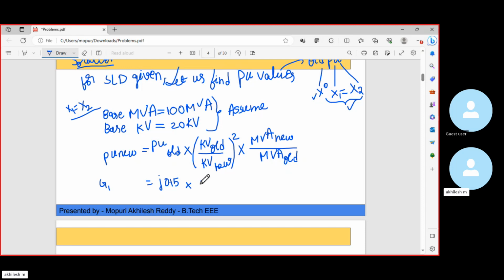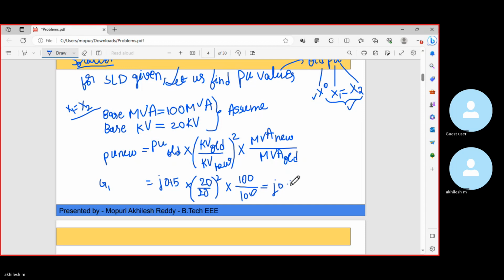Old kV, new kV, both are 20 only, so they will cancel out. 20 by 20 whole square into my MVA, 100 by 100. So it is nothing but j0.15 only.